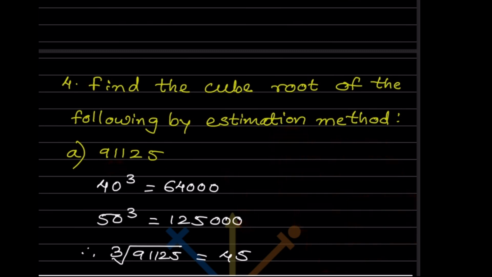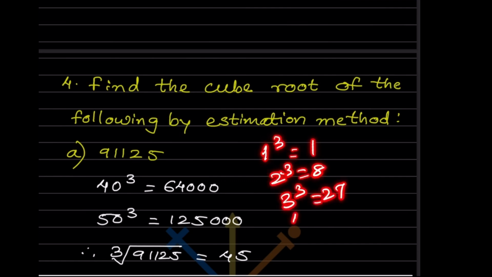Now you are going to look at the unit place digit, that is 5. So it is going to be in between 40 and 50. Because it is a cube, 1 cube is 1, 2 cube is 8, 3 cube is 27, 4 cube is 64. You are going to concentrate on the uniqueness of it. Where do we get 5? 5 cube is 125, so here again 5.